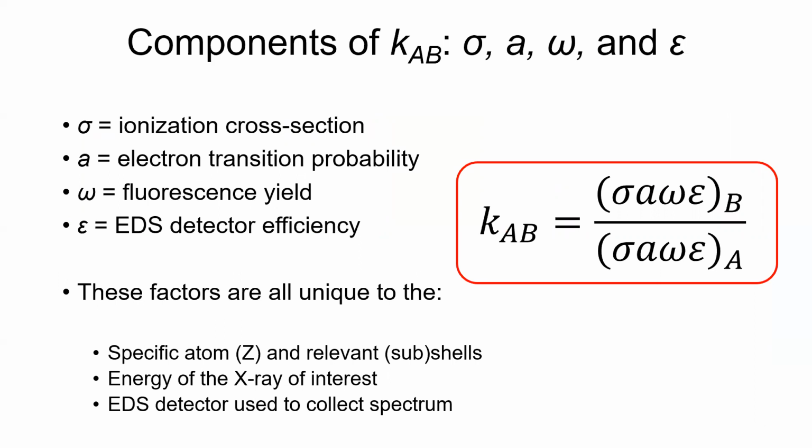And again, my sensitivity factor, if I'm looking at the ratio of element A to B, is the ratio of 2 products of sigma, A, omega, and epsilon. So these factors are all unique to the atoms that I have present, the relevant subshells of the atoms, as we're going to see, the X-ray energy that is emitted, and also the construction and properties of my EDS detector.